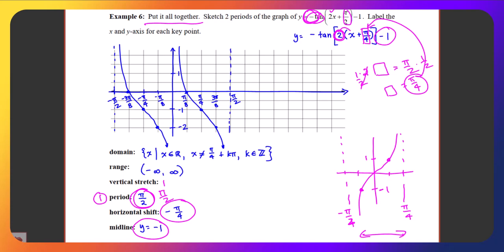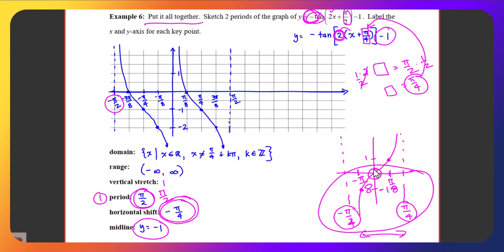I need these half points. Well, half of pi over 4 is pi over 8, right? 1/2 times pi over 4 is pi over 8. And this one, of course, is negative pi over 8. So we have some numbers to work with, don't we? Now, if we shift that to the left, pi over 4, this pi over 4 becomes pi over 2.